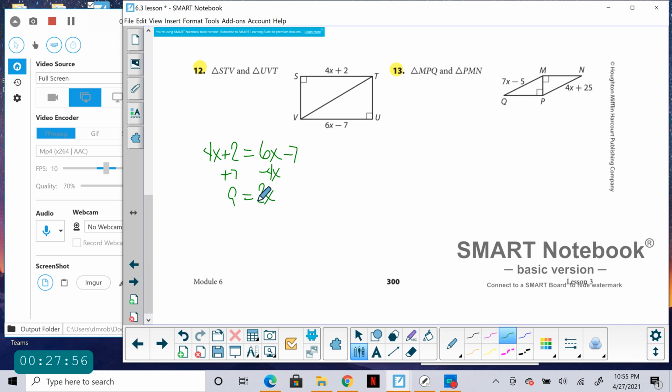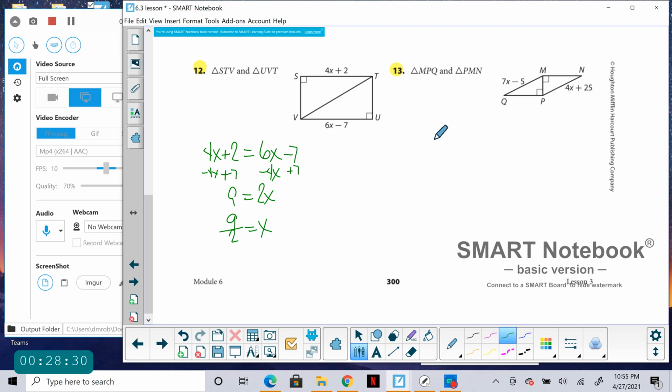Is that right? Subtract the 4x and get 2x. Add the 7. Get 9. So x is equal to 9 halves. Yep, I guess it's not going to work out perfectly there.